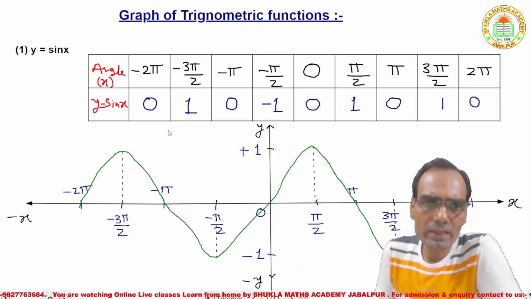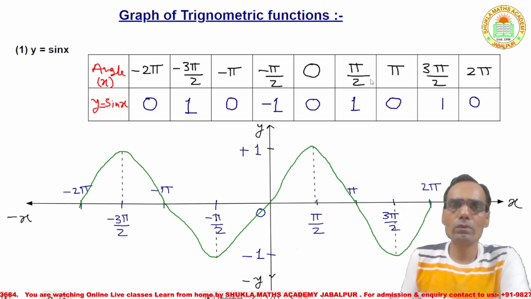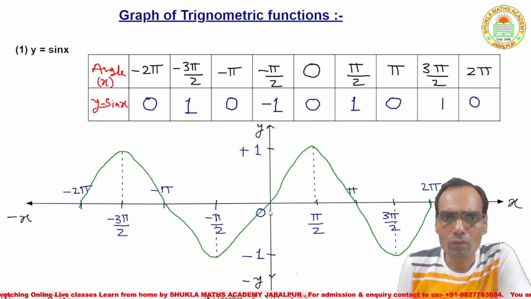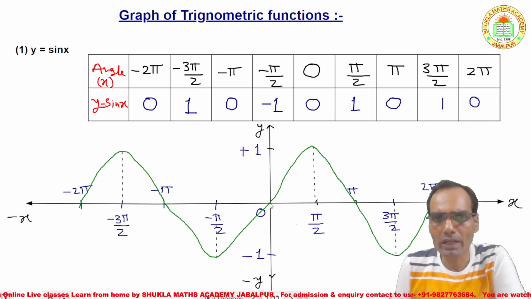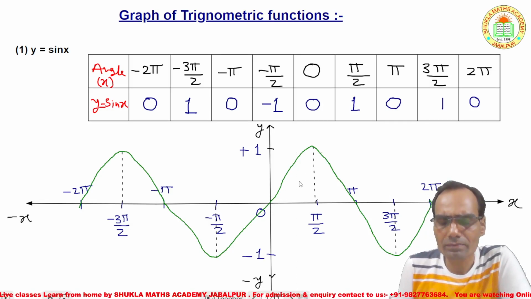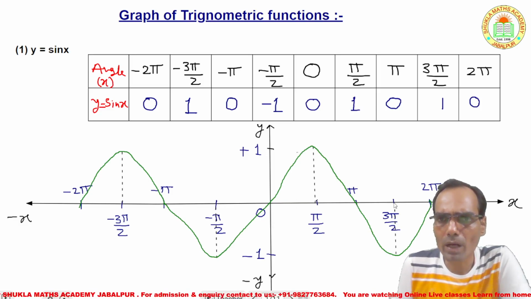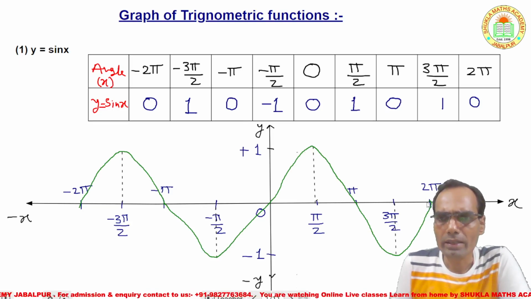And now, after that, we will draw the graph of these values. So now see that in the figure, at 0, when the value of x is 0, we will take the intervals on the x-axis with a difference of pi by 2 for each interval. So 0, pi by 2, then pi, then 3 pi by 2, then 2 pi, and some more angles will follow, but I am taking up to 2 pi on the right side.